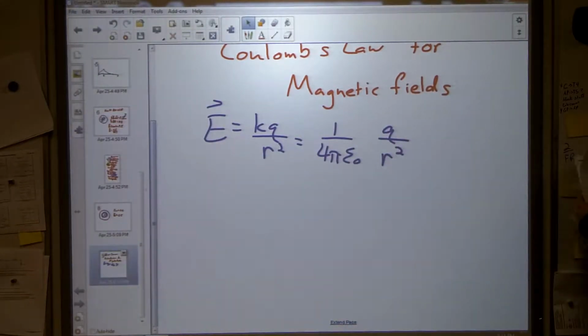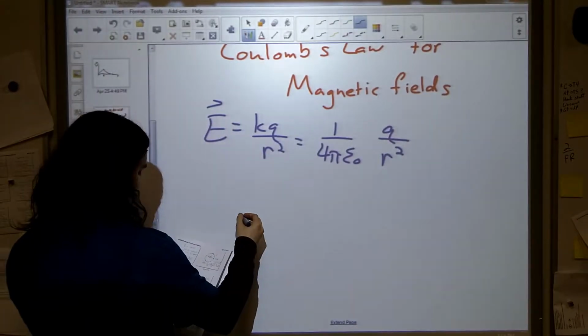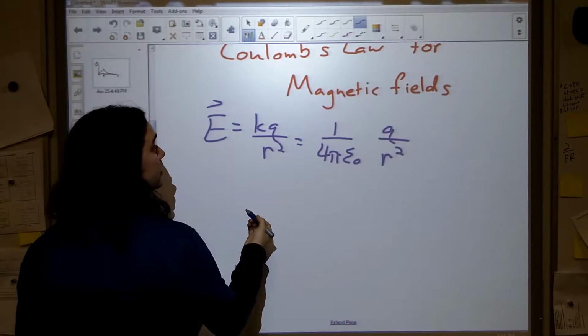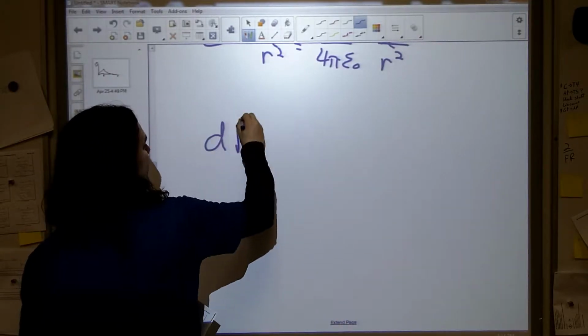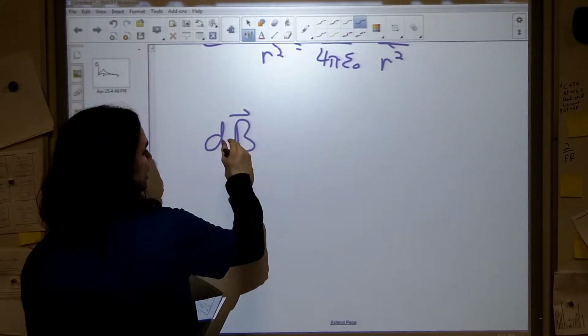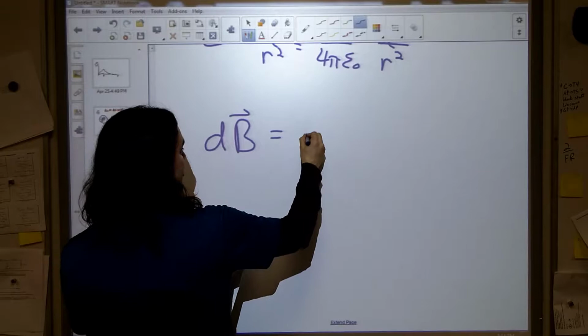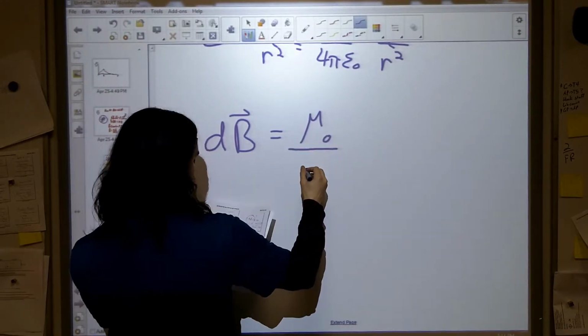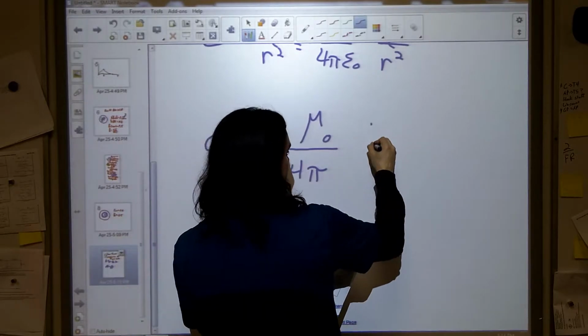Let me write down what it actually is, and I'm going to follow a few of my notes here just so we've got them. Biot Savart says the following. We can find an infinitely small piece of our magnetic field by looking at it being generated by an infinitely small amount of current some distance away.